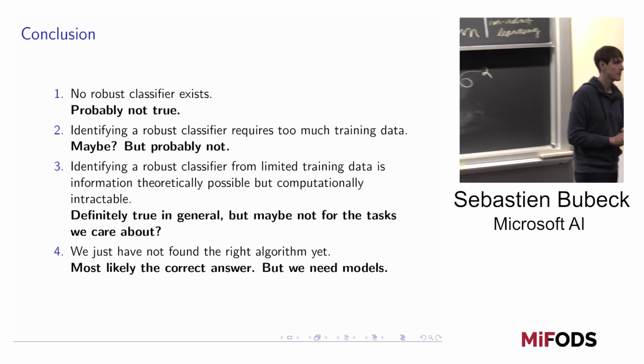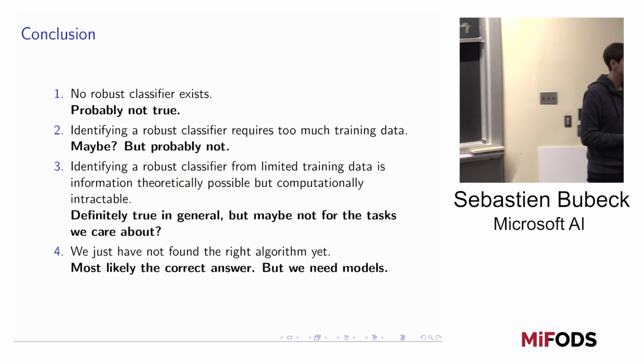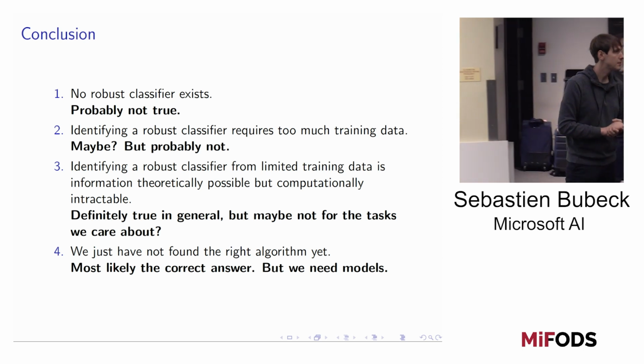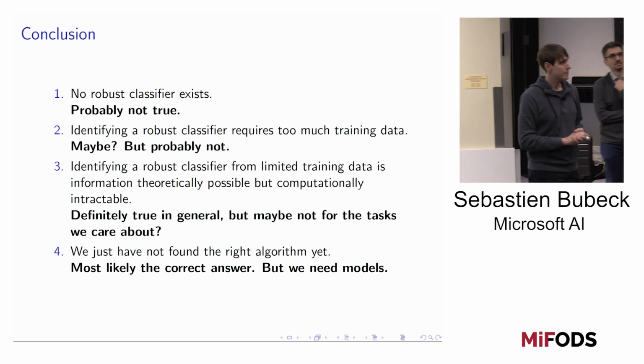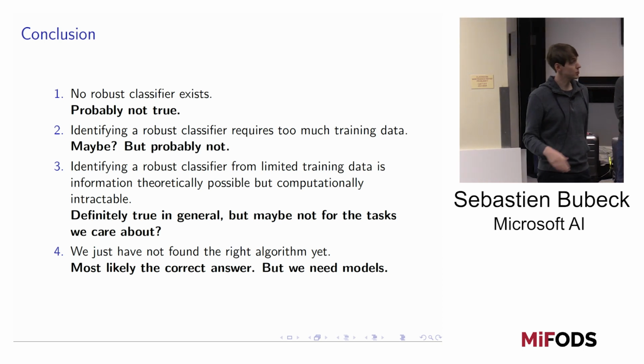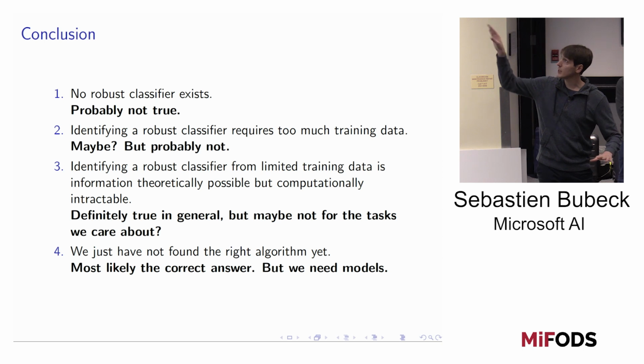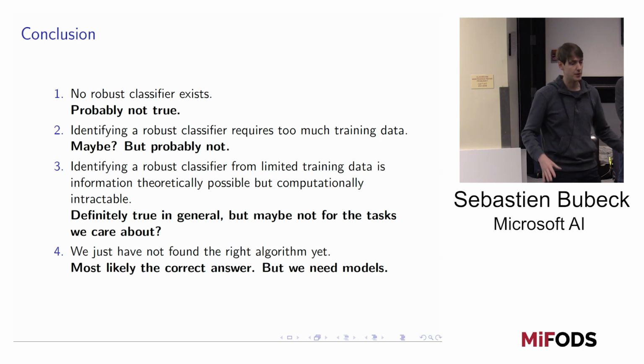There's something between 2 and 3 as well, right? Where you need more samples if you want to be computationally efficient. Yes, that's true. Statistical versus computation trade-offs exist. No, absolutely. But here, notice that again, when I'm looking at 2 or 3, I'm working on the assumption that there exists something very robust.